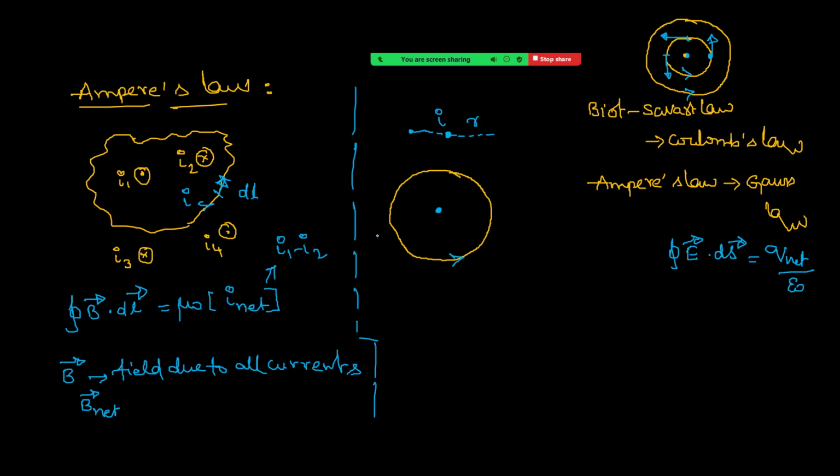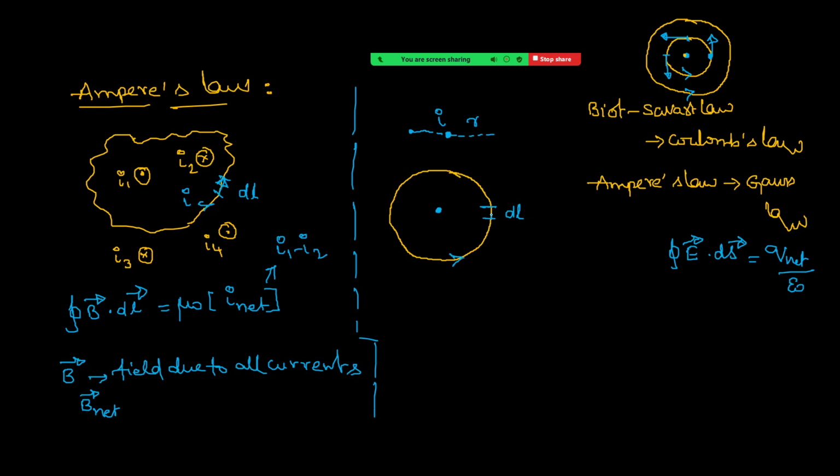So now coming to here, we want to calculate the closed integral of B bar dot dl bar. Suppose I am taking a small part. Its length is dl. For this dl, the direction is the arrow I have taken here, anti-clockwise.